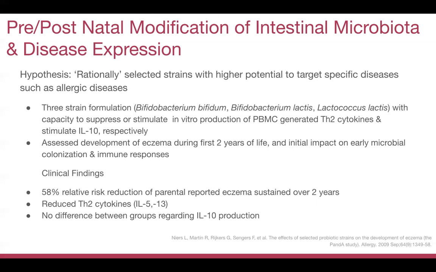The findings included a finding of significantly lower parental reported eczema during the first 3 months of life in the group receiving probiotics compared to placebo, as well as a significantly lower cumulative incidence of parental reported eczema during the first 2 years of life. In addition, the study authors found significantly more frequent colonization with higher numbers of Lactococcus lactis in the intervention group, and also a decreased in vitro production of IL-5, which is a pro-inflammatory cytokine at 3 months of age in the probiotic group compared to the placebo group.